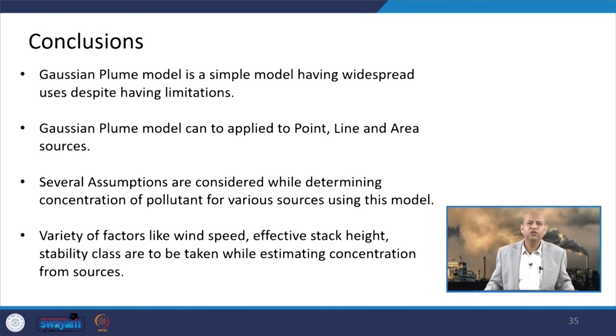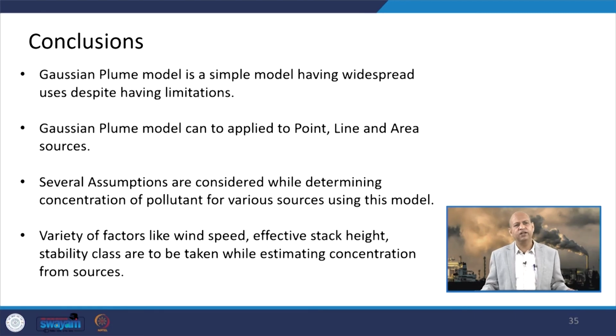Then Gaussian Plume model can be applied to all point, line and area sources, as we have seen. Line source no problem, area source you convert into virtual point source and then again apply, that is again very simple. Although several assumptions are there, for estimating concentrations from various sources using this model, but rough values are okay for policy making or these baseline scenario creations.